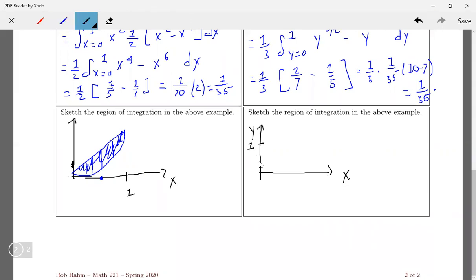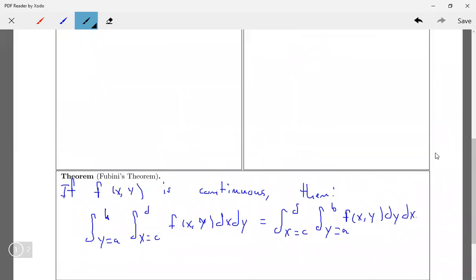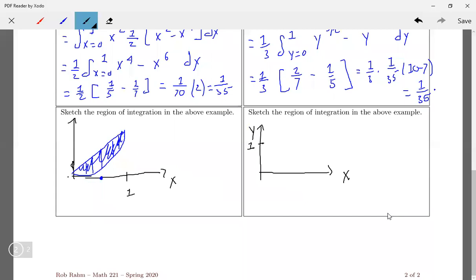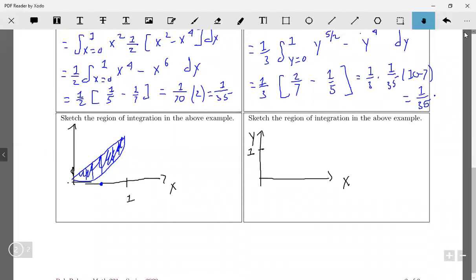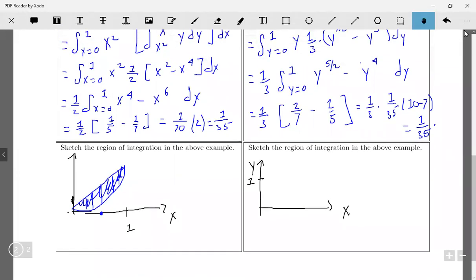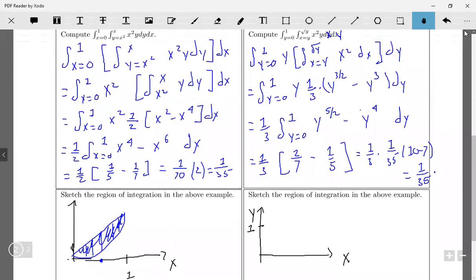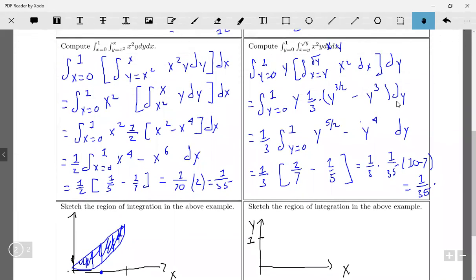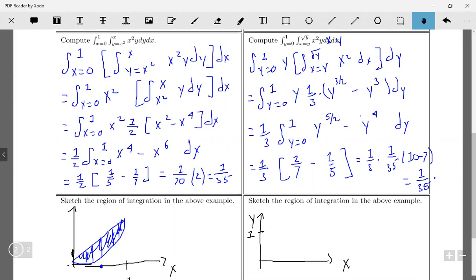Okay, and for every fixed value of y, x goes from y to the square root of y.